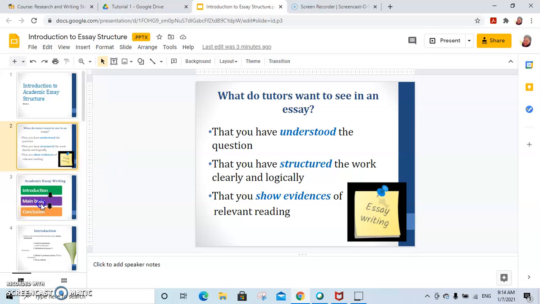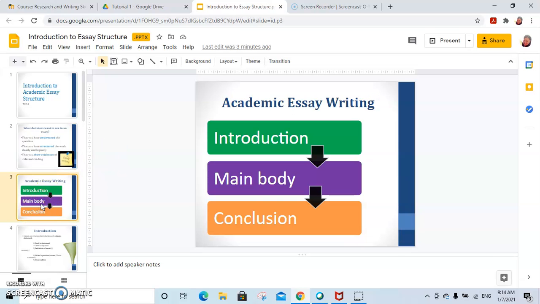Okay, now let's move on to the next slide, which is the basic format of an academic essay. Now, a typical academic essay begins with the introduction, or the introductory paragraph, followed by the main body.